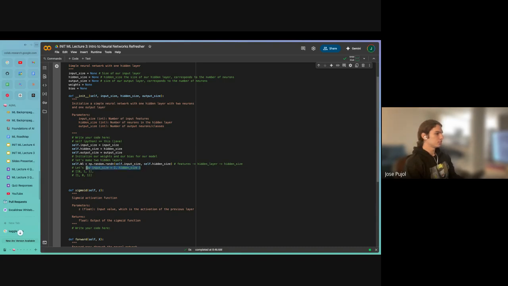I think these 2 need to be equal to each other. At least your input size and the weight within your neurons need to be equal to each other.